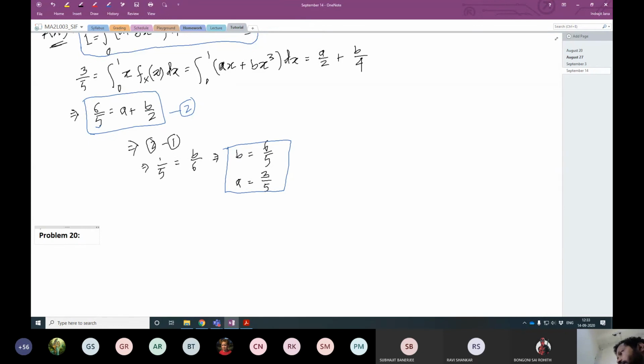What is this problem about? So that X and Y are independent if and only if this happens. All right.